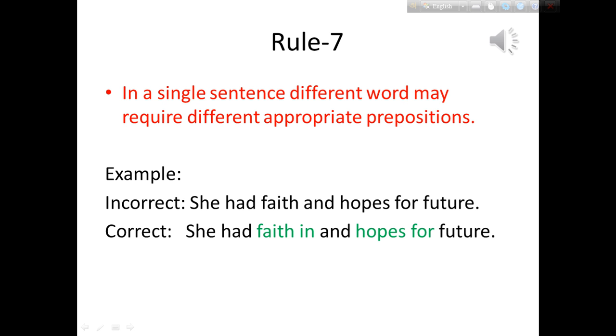The correct phrase will be faith in and hope for. So the correct sentence will be she had faith in and hopes for future.